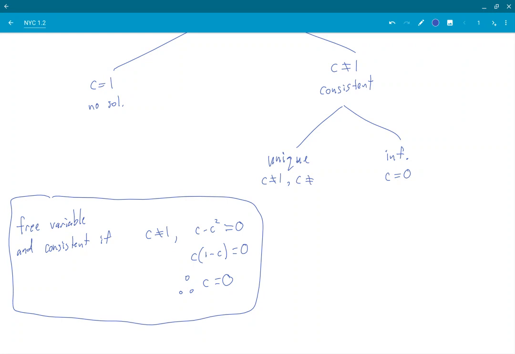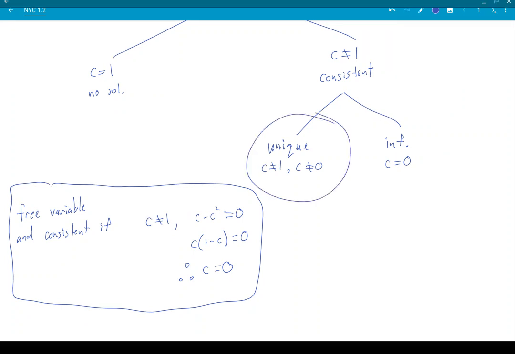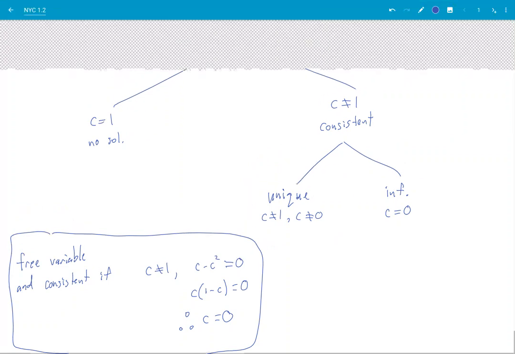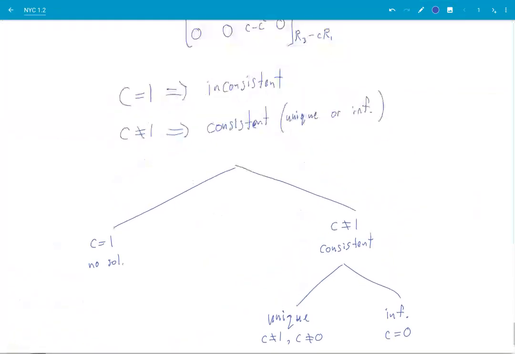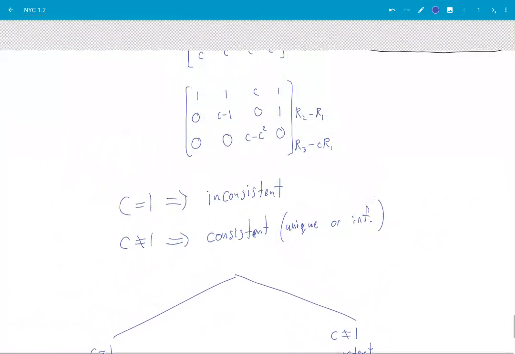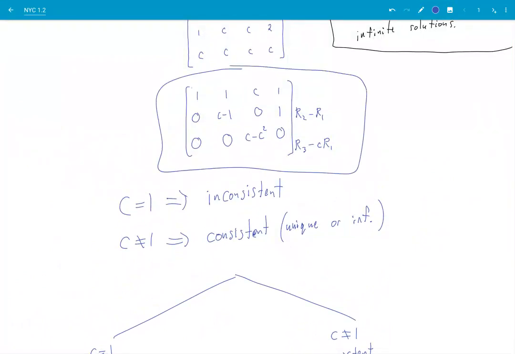C is not equal to 0. Because that covers all possible C values. Okay, if C is 1, no solution. If C is 0, I have an infinity of solutions. Any other case, unique solution. And you can double check this by looking at that matrix there.